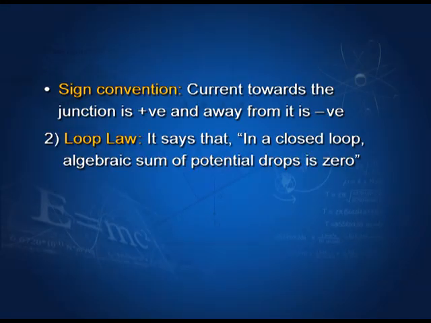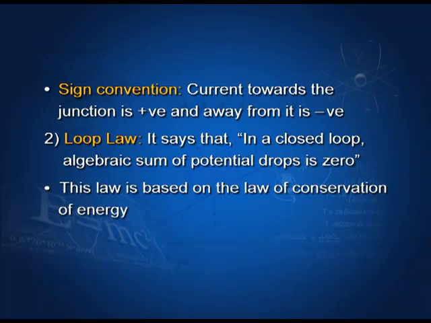Now, let us study the loop law. It says that in a closed loop, the algebraic sum of the potential drops is 0. This law is based on the law of conservation of energy. Again, there is a sign convention for this loop law.